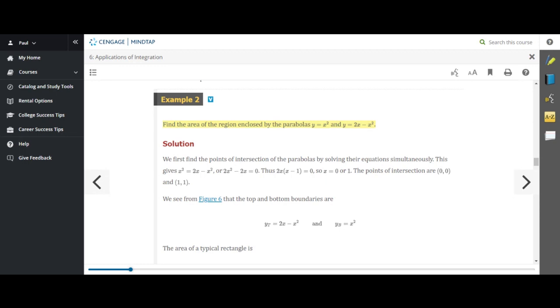We have to identify which of these functions is the top function and which is the bottom function. Graph them. That's right, Sophie. We have to graph those functions. We could graph them on our TI calculators, or on graphing software.